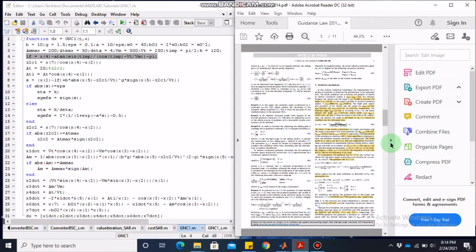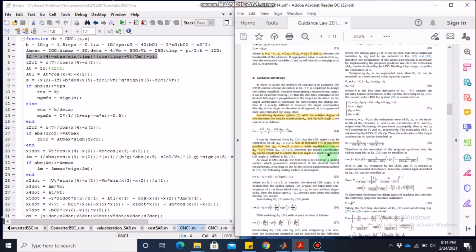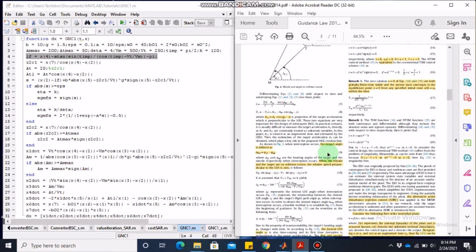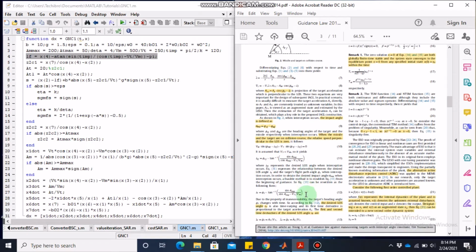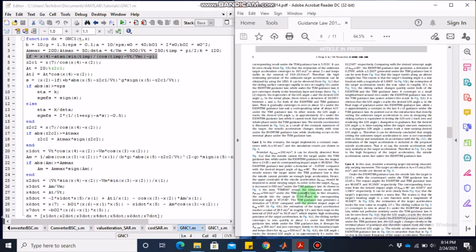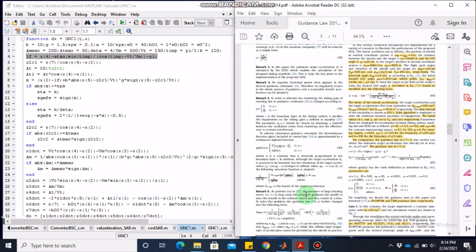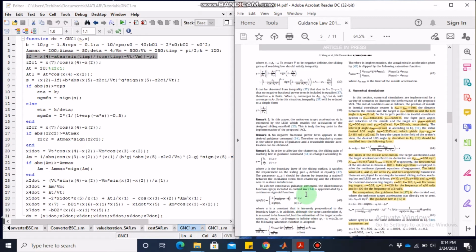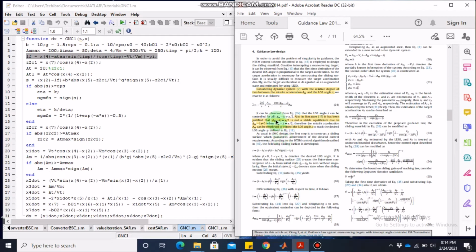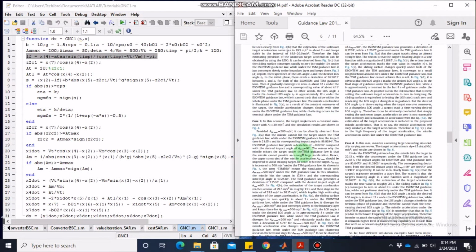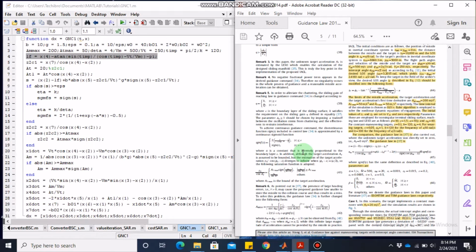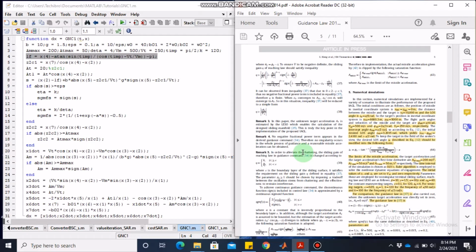If we compare side by side with the paper, this is the lambda f equation 11, or basically I have implemented the modified form of lambda equation, lambda f, which is given somewhere around here.